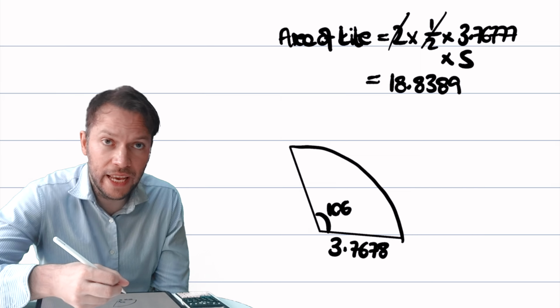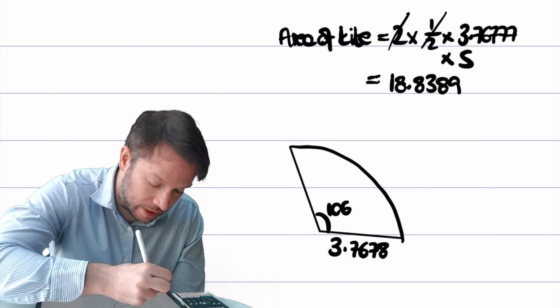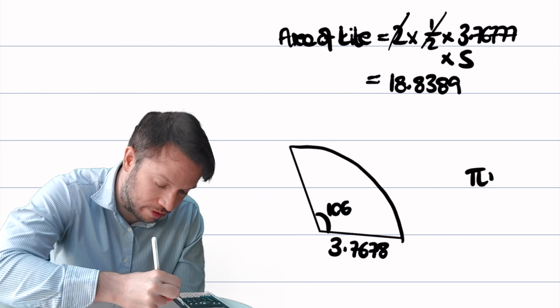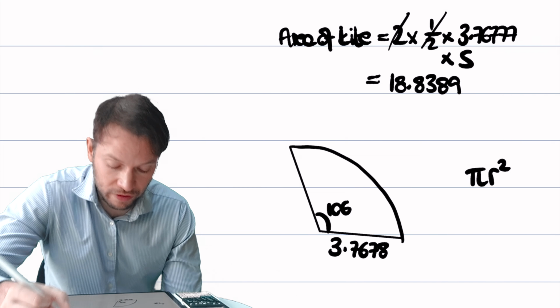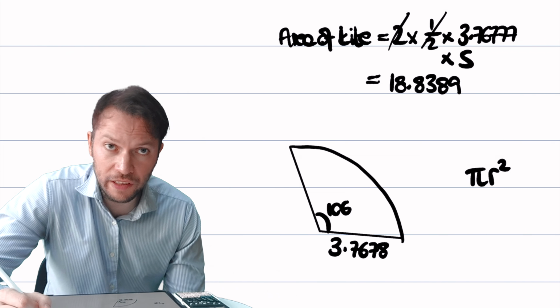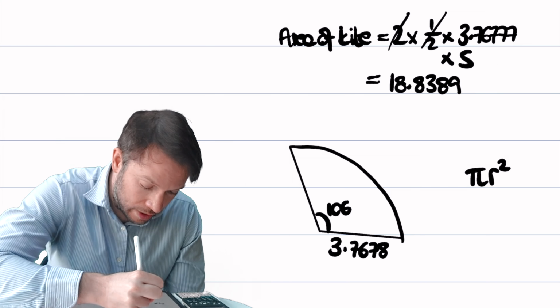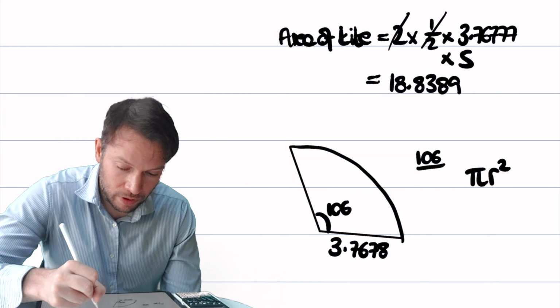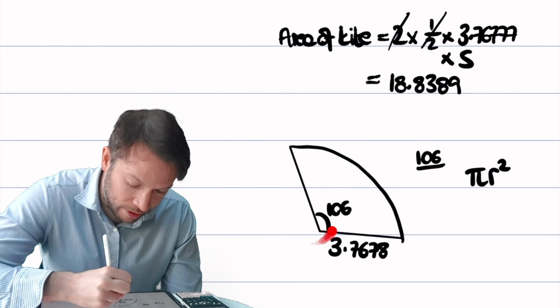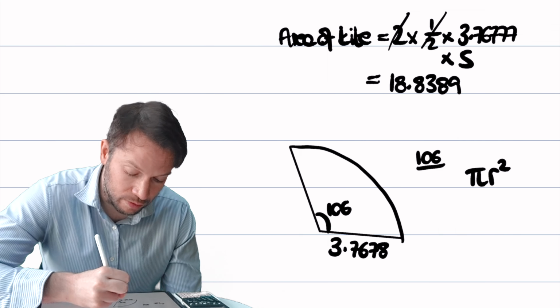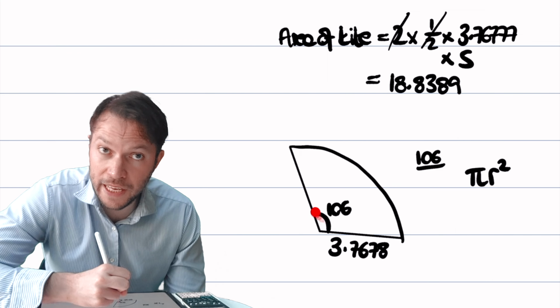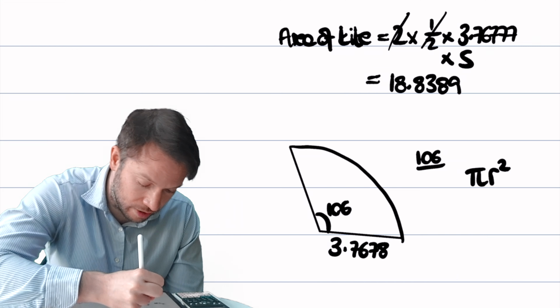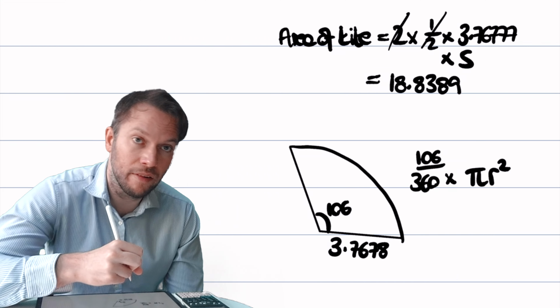Now, how do we find the area of that? Well, we know how to find the area of a full circle. It is pi r squared, pi times the radius squared. But what fraction of this circle do we have? If we had a whole circle, this total angle at the centre would be 360. So we've got 106 over 360 of a full circle, haven't we? So we do that fraction of the area of a full circle.